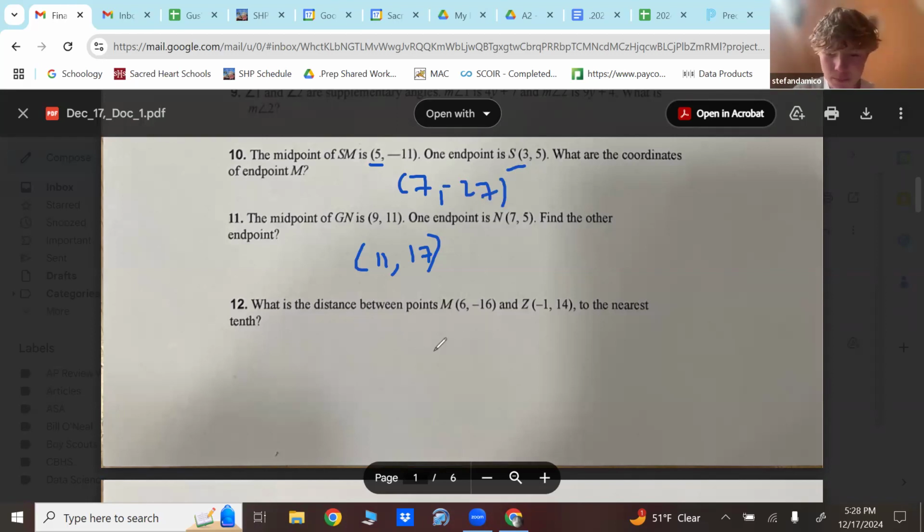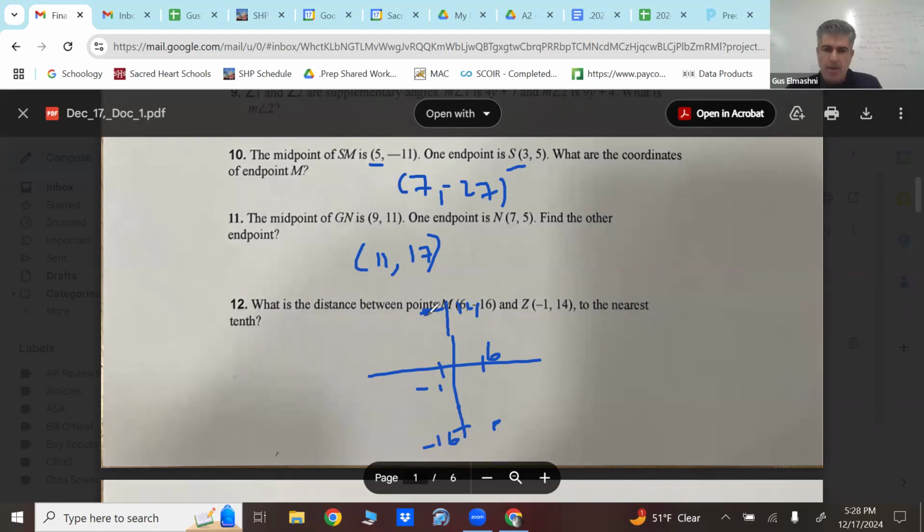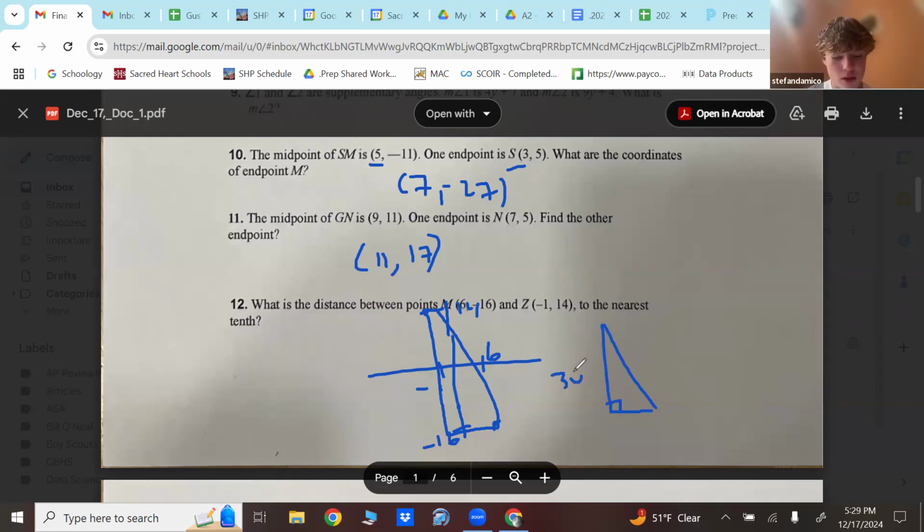And then here, that's just the Pythagorean theorem. And then number 14. So if you think about it, you're going like that. That's the distance of 30 and 7.